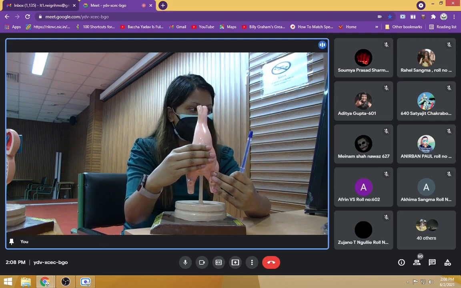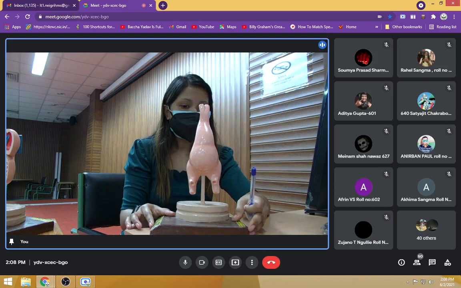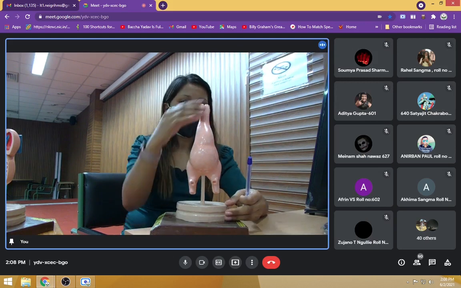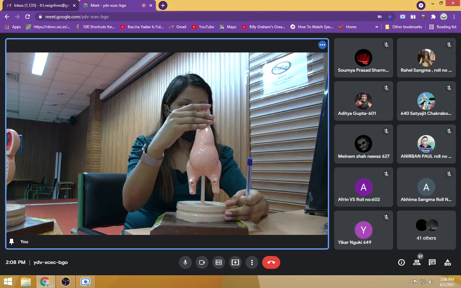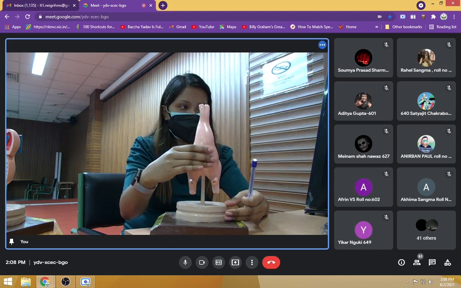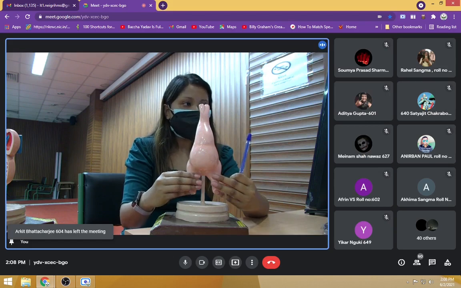Is it clear, everyone? If you get this model, you have to say this is a model of fused heart tube. This upper part is the bulbus cordis, this part is the primitive ventricle, this part is the primitive atrium, and this down part is the horn of the sinus venosus.